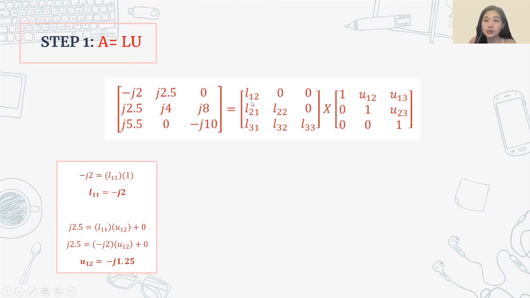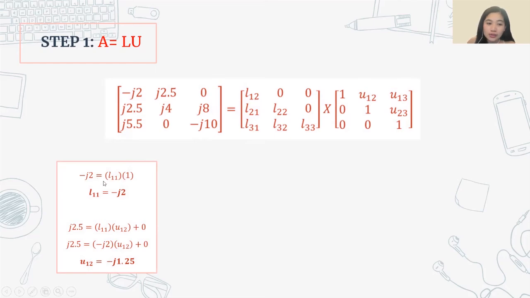So sabi natin, to be able to come up with the values, we have to multiply the rows times column. So our L11, as you can see, ang pinagkaiba lang niya is that naka-equate kanina yung Doolittle dun sa kabila and ito naka-equate dito sa kabila. So it's just the same, magpapalit lang sila ng pwesto. So our L11 will be multiplied to our 1 and equated to our negative J2.